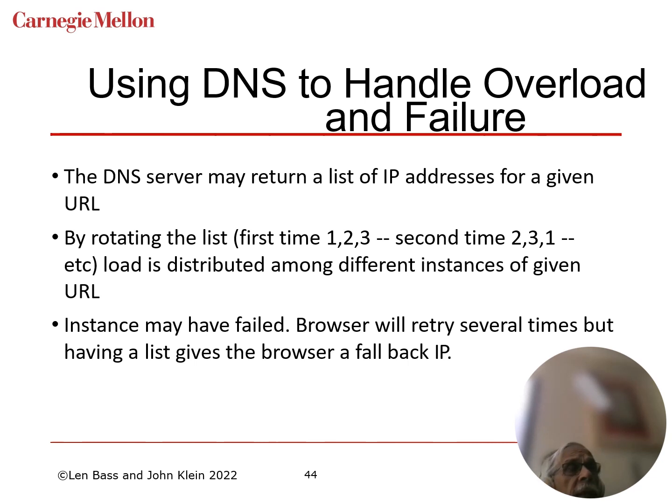It gets a request and it'll send them back in the order 1, 2, 3, gets another request from someone else and it can send it back in the order 2, 3, 1, and so on. So the client would access the URL that it's looking at with the first response. If that works, it's happy. If not, it has a fallback. It's the second response. So one advantage of this is to manage failure. A second advantage is to manage overload. Again, it doesn't respond.